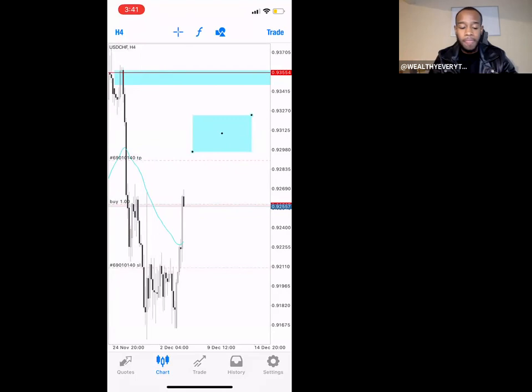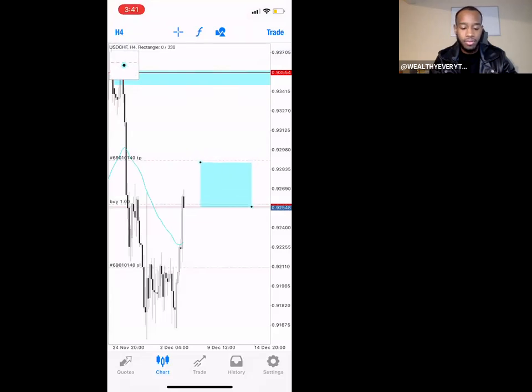Another key to using this tool, this rectangle tool, is that if you look at the top of the screen, there's a number going up and down. That number is the number of pips the trade is. You can take that number at the top of the screen.